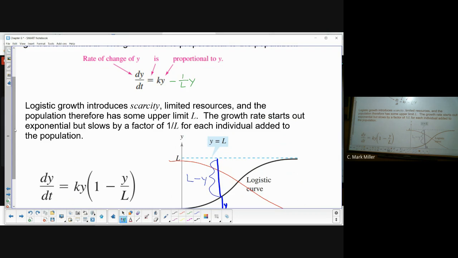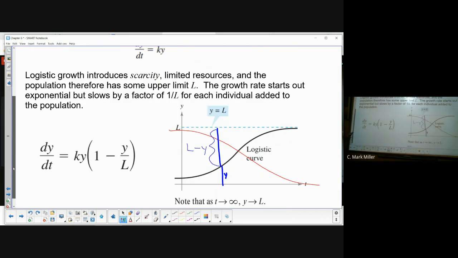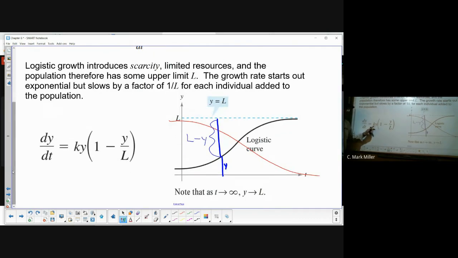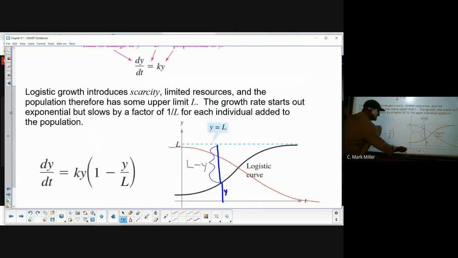I'm not quite pleased with what I just said. Let me see here. Actually, let's get rid of that. Let's just do this down here. My apologies. Right here. Here's your KY. This looks a lot like that.